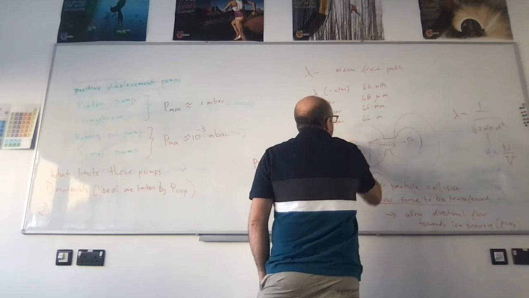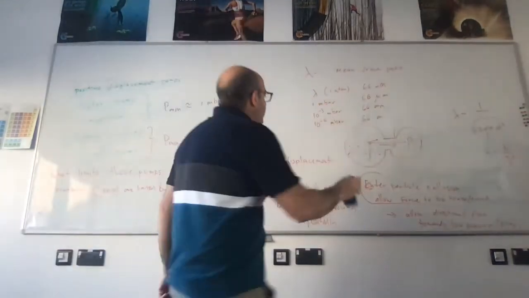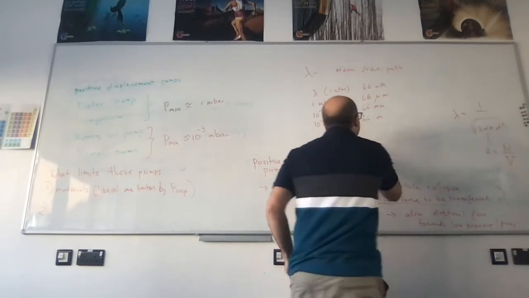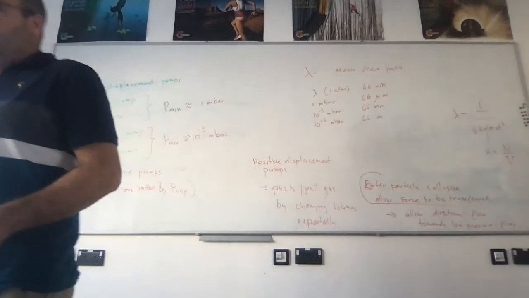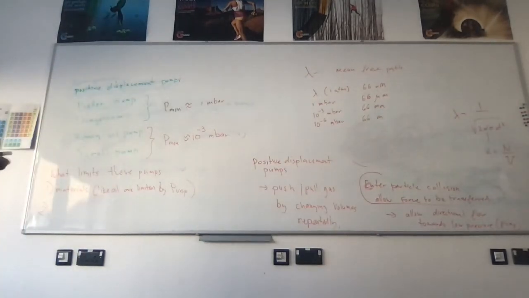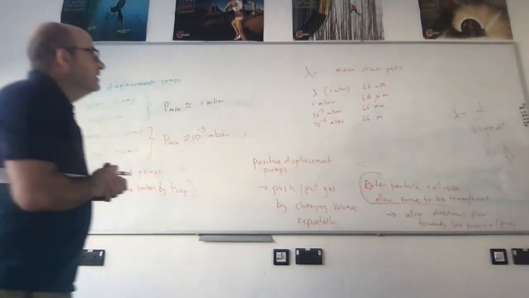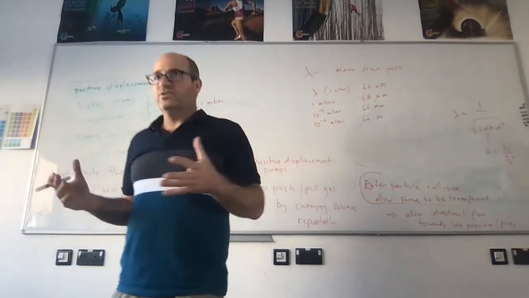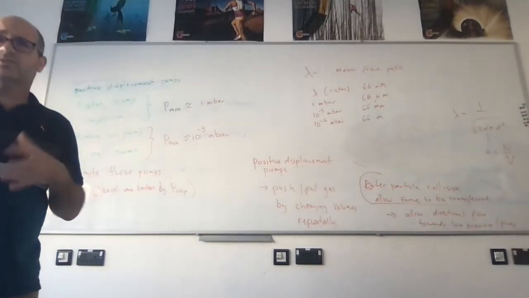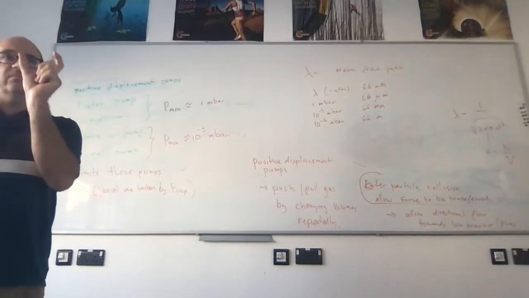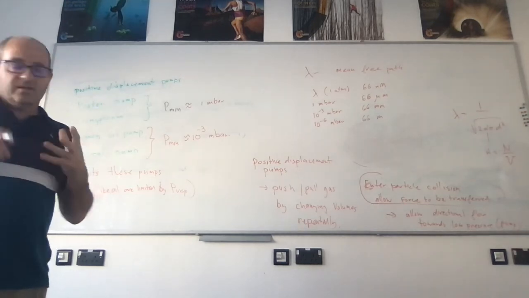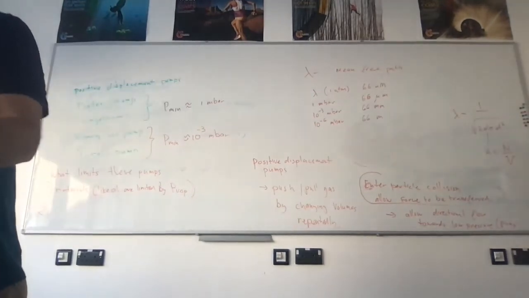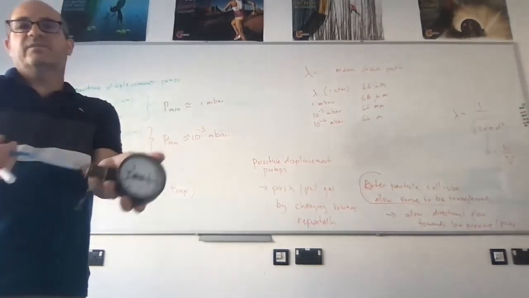This is not an exercise of multiplying by 1,000 and learning all kinds of units. It actually tells you what's going to happen. What's special about the 10 to the minus 3 millibar region? We're talking about 60-something millimeters, about 6 centimeters, which is kind of the size of most of the things we have in our lab, like this vessel I wanted to pump, or the distance between them.